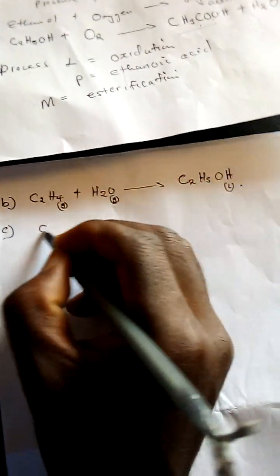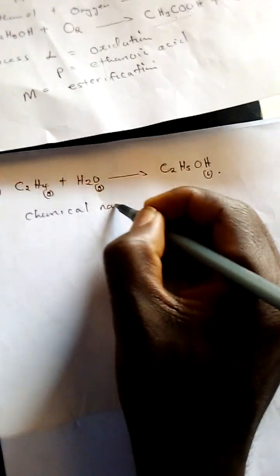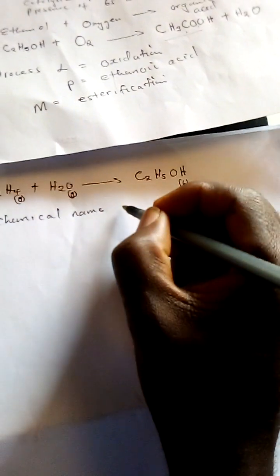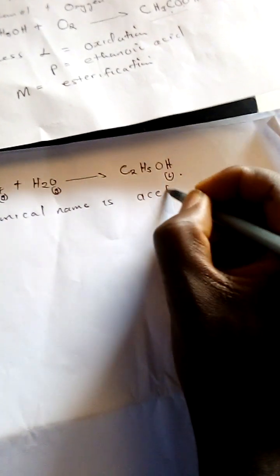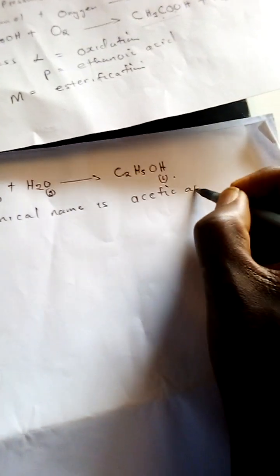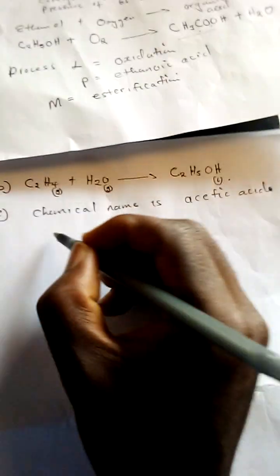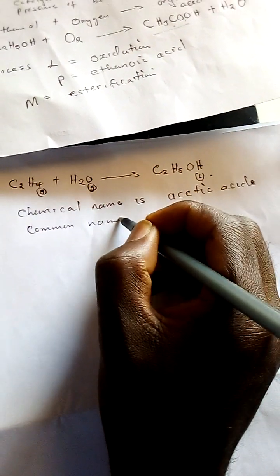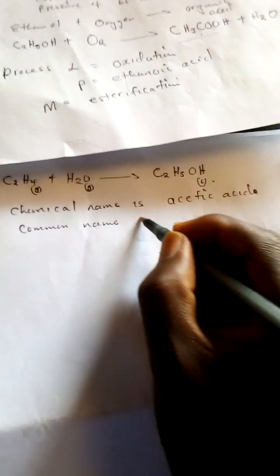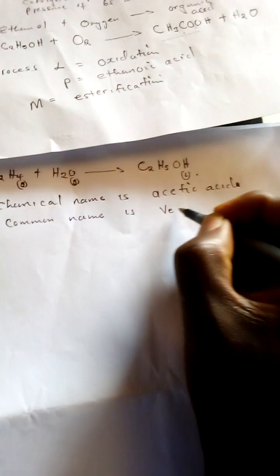So the chemical name is acetic acid. And the common name is what a lot of people know it as: vinegar.